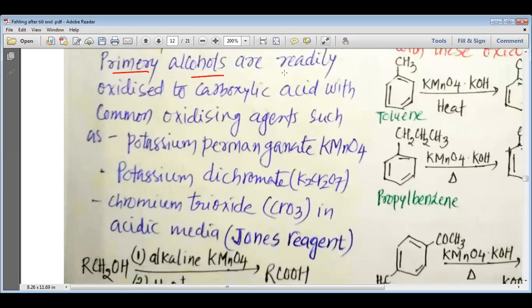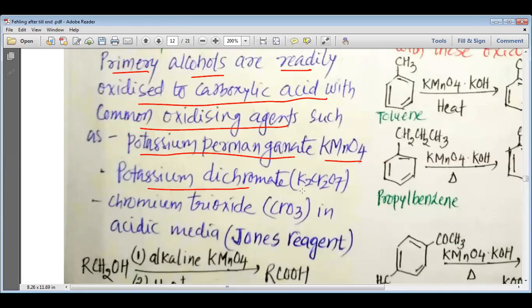Primary alcohols are readily oxidized to carboxylic acid with common oxidizing reagents. They are strong oxidizing reagents like potassium permanganate KMnO4, potassium dichromate K2Cr2O7, and chromic trioxide CrO3, and chromic trioxide in acidic medium is known as the Jones reagent.